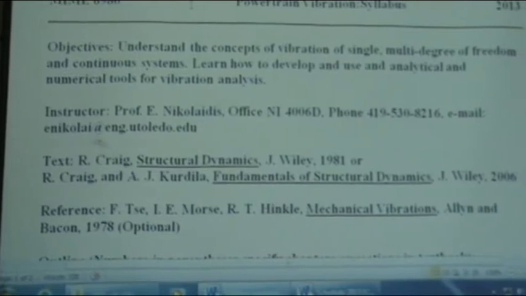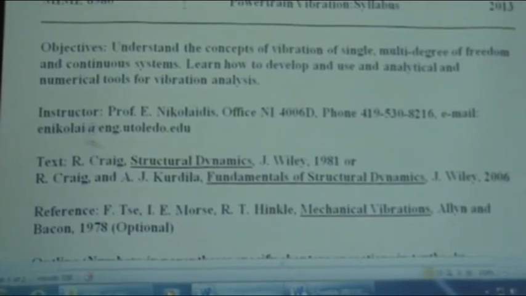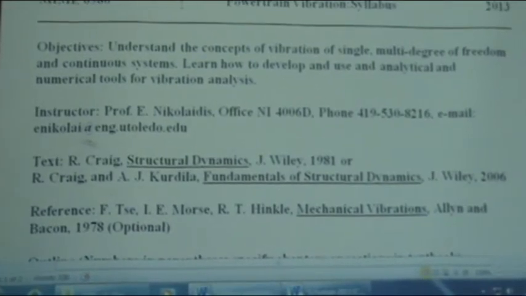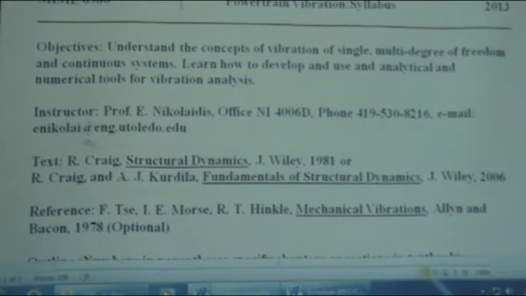Specifically, we want to learn how to develop an analytical model of the system, a mathematical model that represents the system in terms of equations, and then how to solve these equations to find the response of a system to a given excitation.